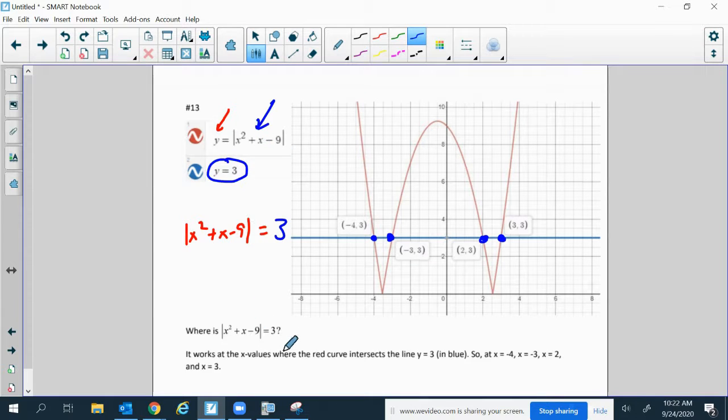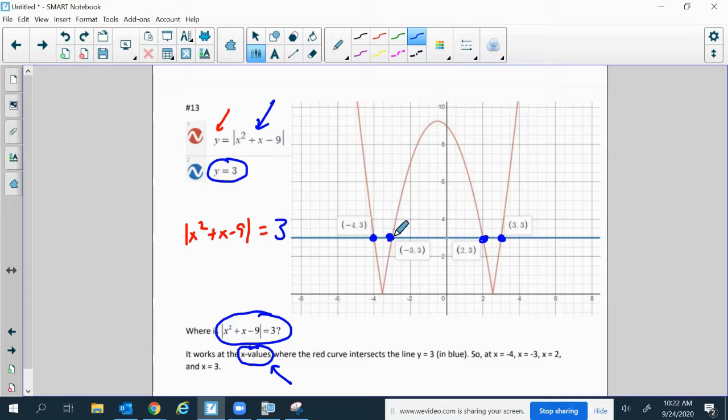So what does that represent? That represents when I look at x values that make that work, because in the problem that I have, there are no y values. So when my y values are the same, then my answer works. And so I have to look at, in the problem, x values that make that work.